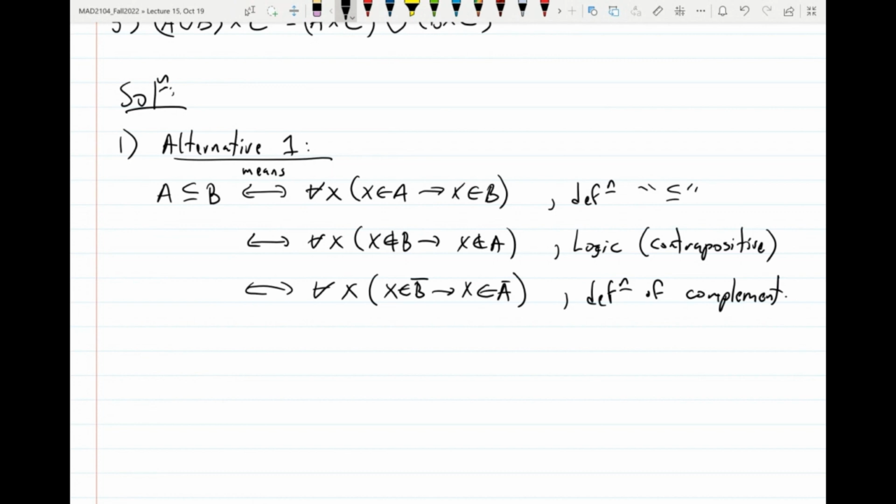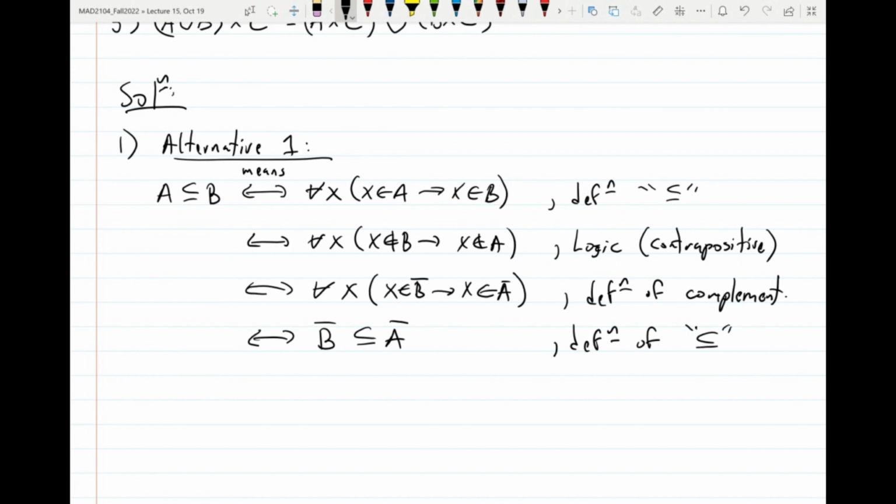But now, if you look at this line, what can we say about this line? What is this line defining really? It's saying that if x is in B complement, then it's in A complement. What does that mean? It means that B complement is a subset of A complement. That's exactly the definition. So this means that B complement is a subset of A complement. Once again, here we use the definition of subset.